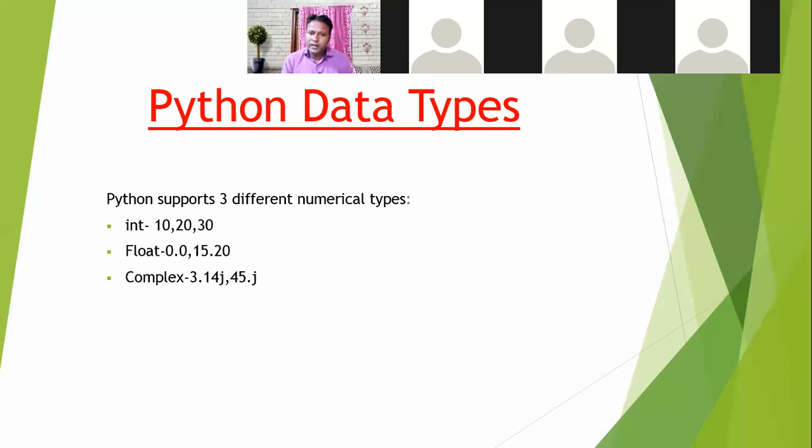So your numeric value is of three types. You can say it is a complete whole number; we consider it an integer value. Next is your float value, which is fractional. Another is your complex value, like 3.14j, 45.j. It is a complex value.